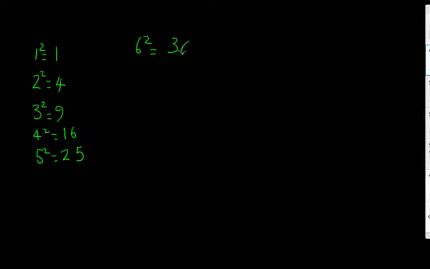So obviously there's 1 squared is 1, 2 squared is 4, 3 squared is 9, 4 squared is 16, 5 squared, as we've just been talking about, is 25, 6 squared is 36, 7 squared is 49, 8 squared is 64, 9 squared is 81, 10 squared is 100.